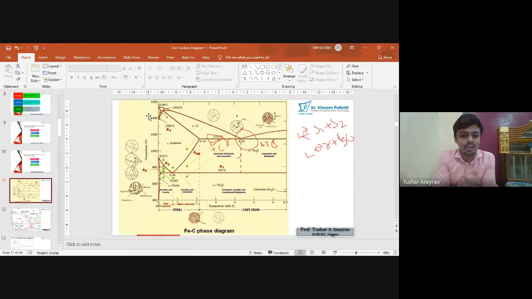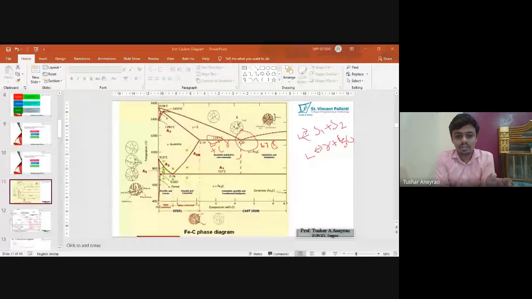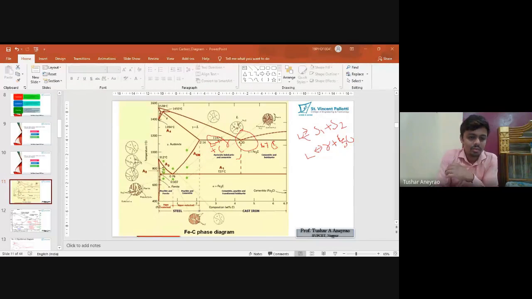Are you finding it very interesting or not, this diagram and whatever discussion we are having? Because I personally find it very interesting. I don't know about you. If you are not finding it interesting, then you should find it interesting, because there is a saying that either you do what you love or love what you do.